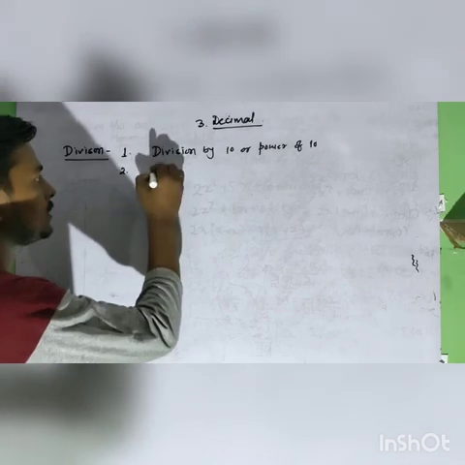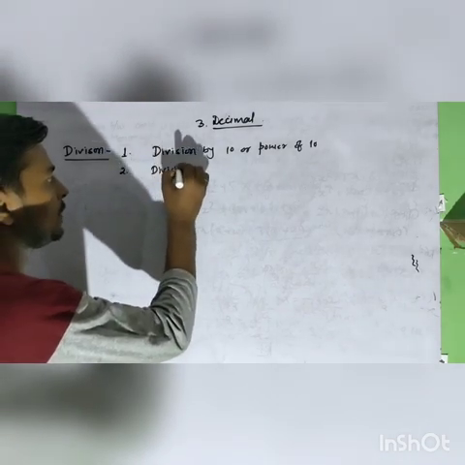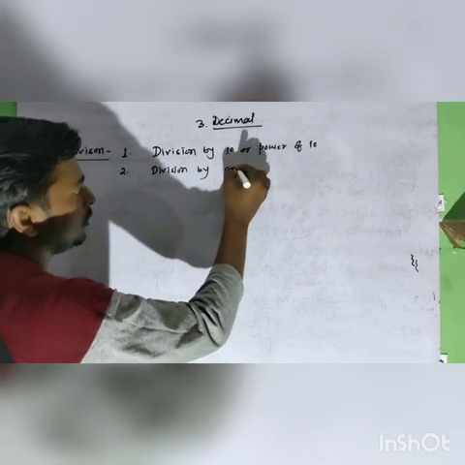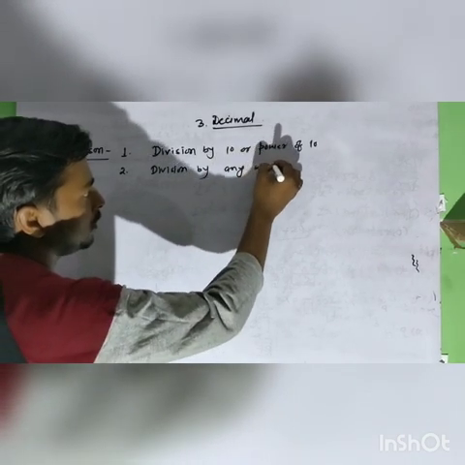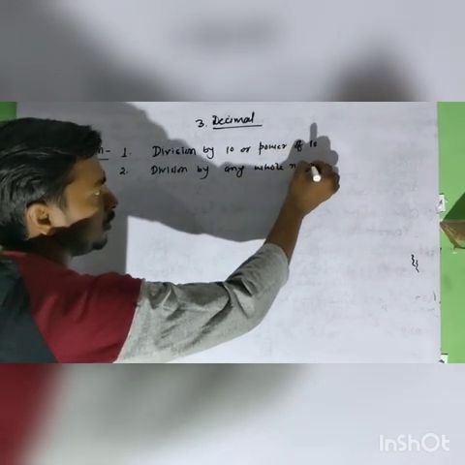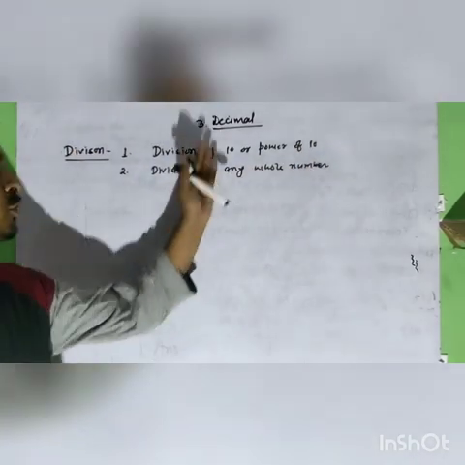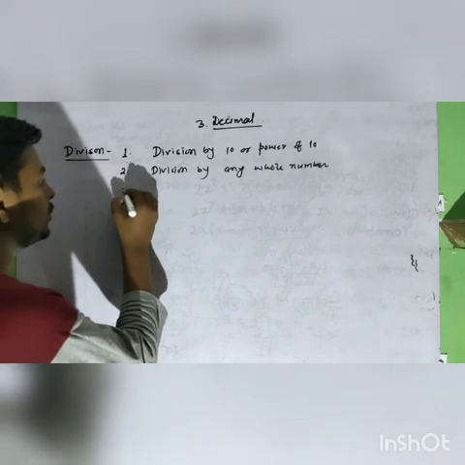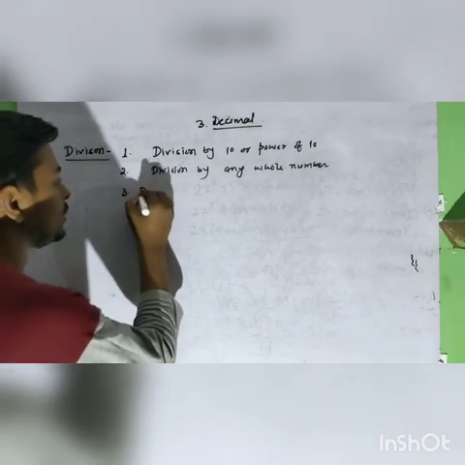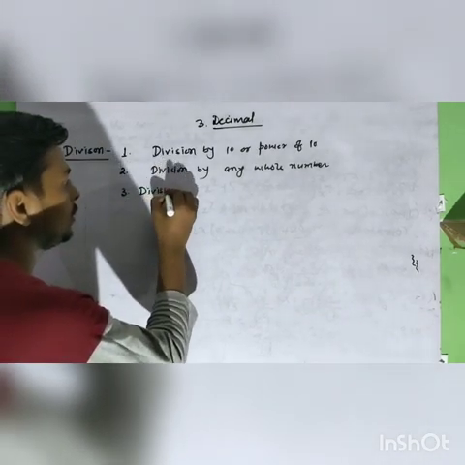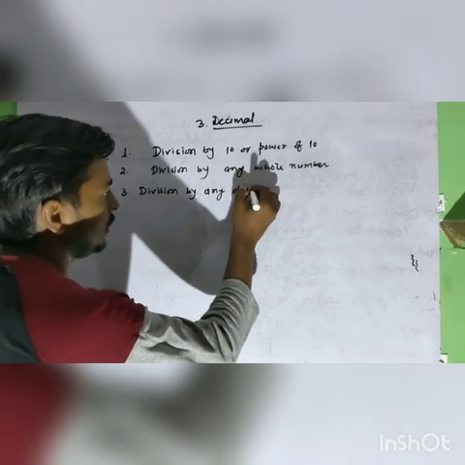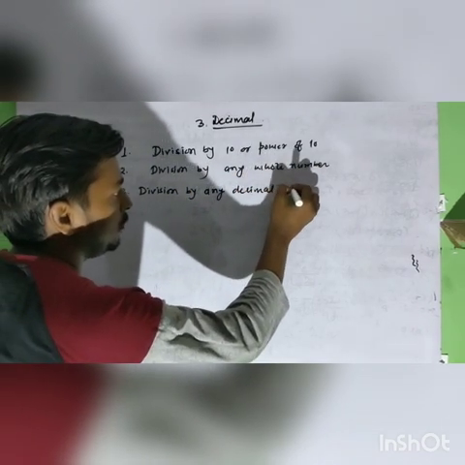The second rule was division by any whole number, and these two topics we have discussed in the class. Now the third point is division by any decimal number.